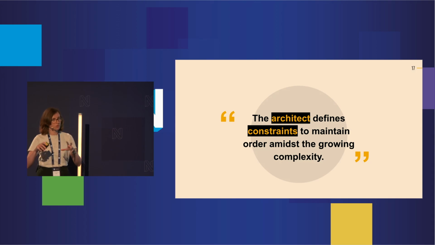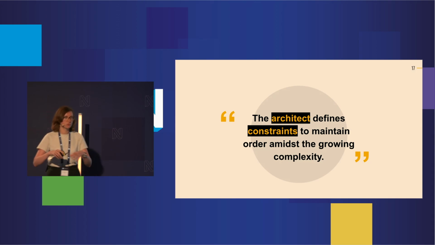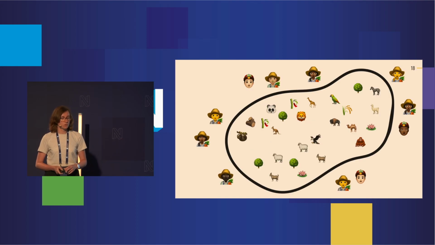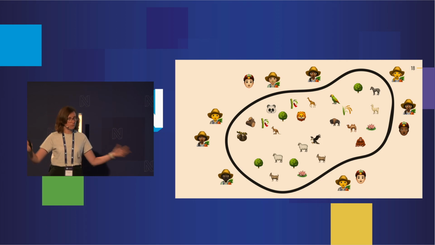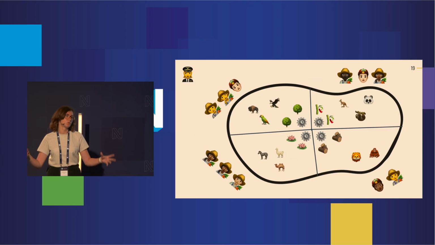So they try to constrain how things are built, to bring some more order to this very fast growing chaos that often comes with scaling very fast. So we go from not a lot of rules to maybe some more rules of how we expand the zoo and how we build certain parts of the zoo that are clearly defined.